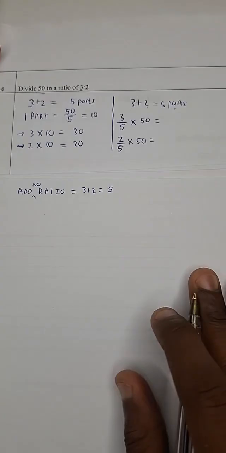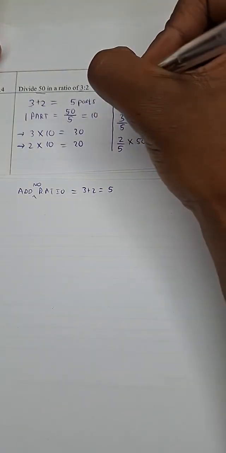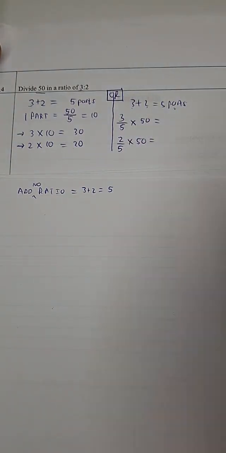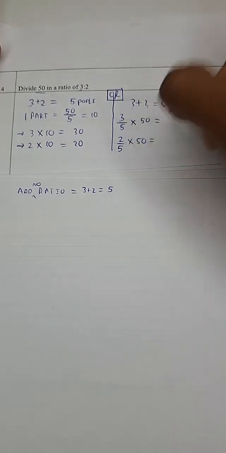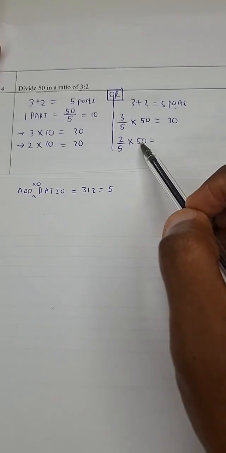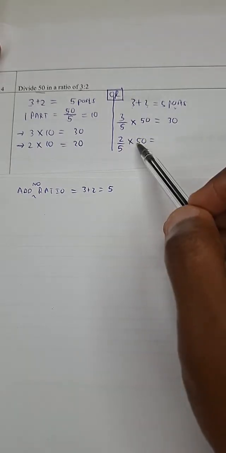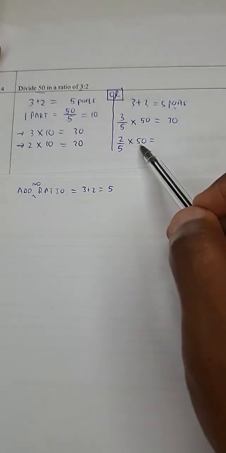Then you check your answers. This is another way of doing the very same question, just presented differently, but the answer is the same. So 5 goes into 50 how many times? 10. And then 10 times 3 is 30. The 5 here is in the denominator, the 50 there is in the numerator.